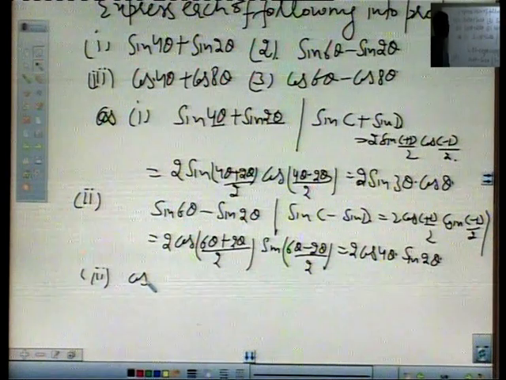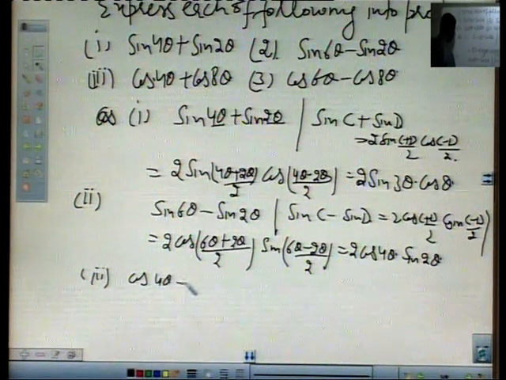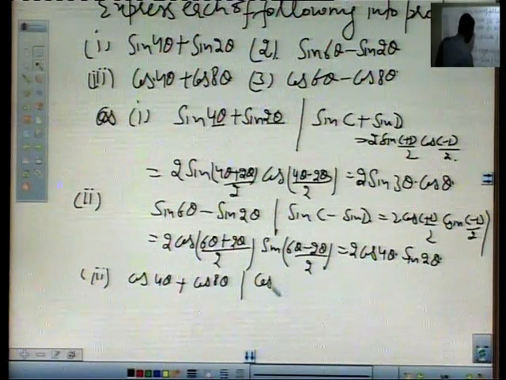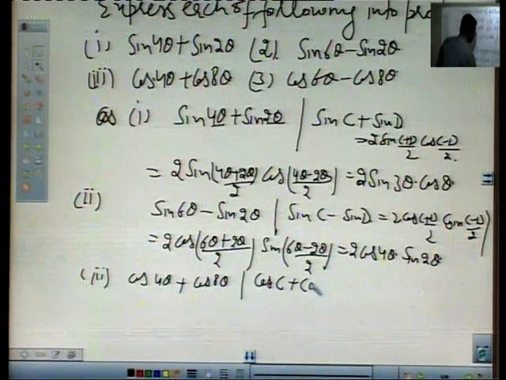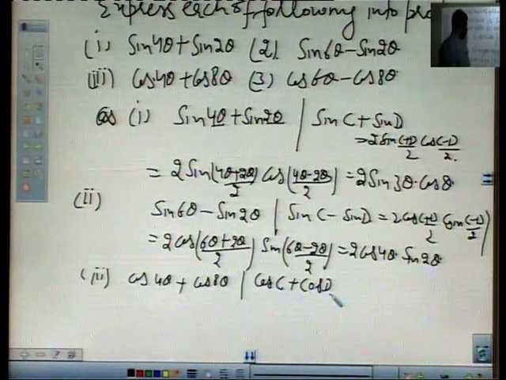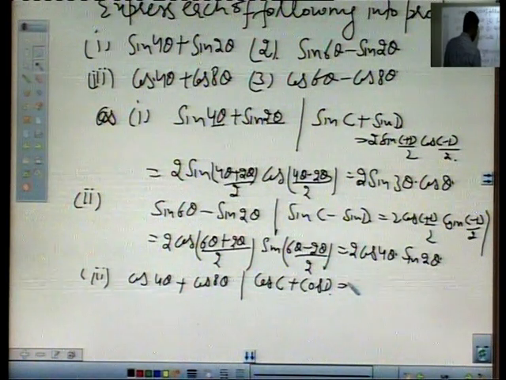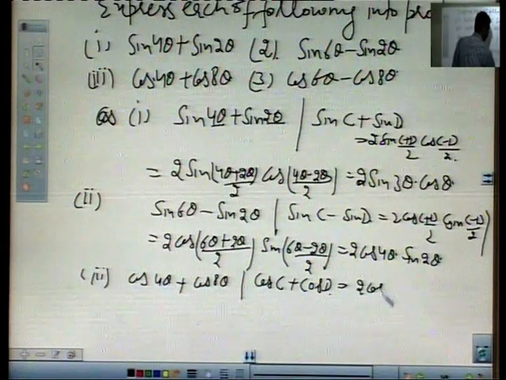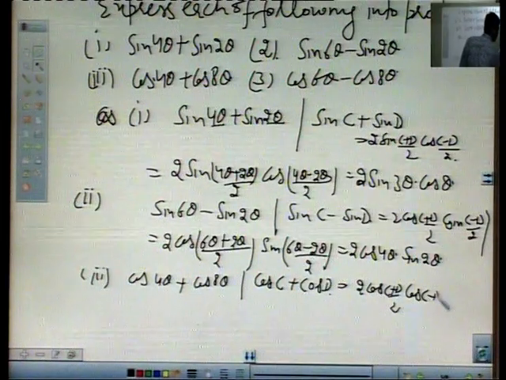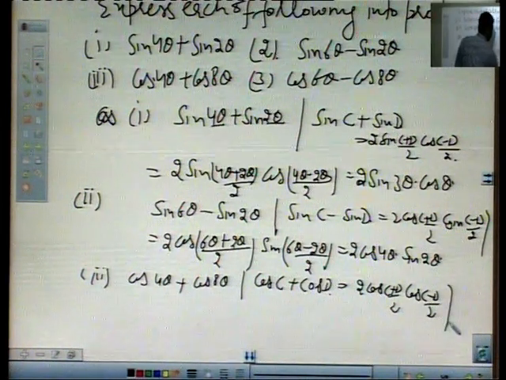cos of 4 theta plus cos of 8 theta. This is of type cos C plus cos D, and we know that cos C plus cos D is 2 cos C plus D by 2 cos C minus D by 2.